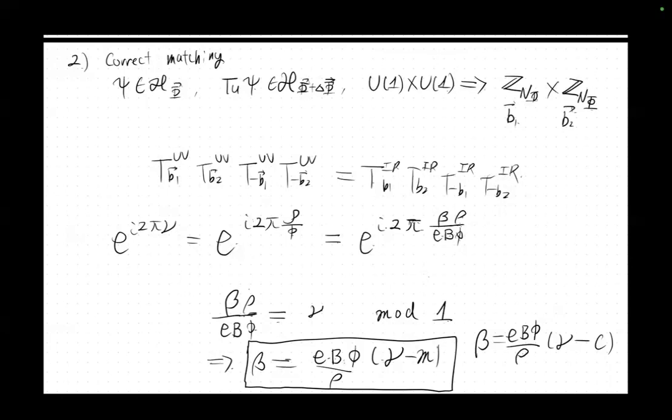In this old paper by Oshikawa and Lu and Ran, they argued that there is a generalization of this filling constraint to the case where you have a glide symmetry on your lattice system.